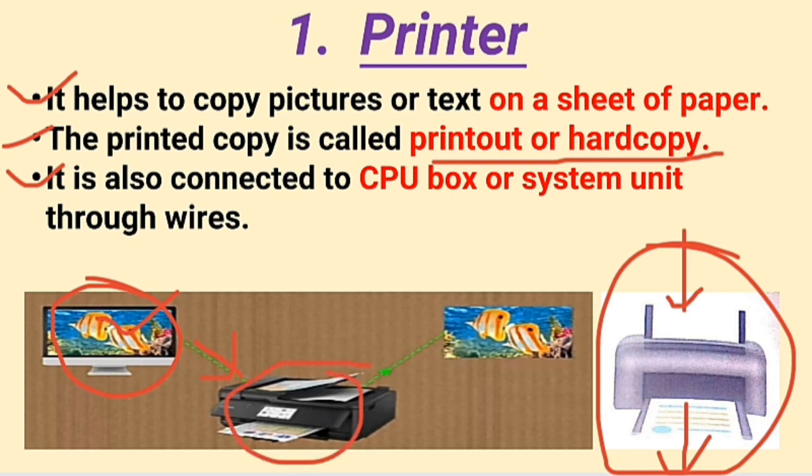What printer will do? Printer will print that picture on a sheet of paper. Finally we get this picture on a sheet of paper. This is called the printout or hard copy of that picture.